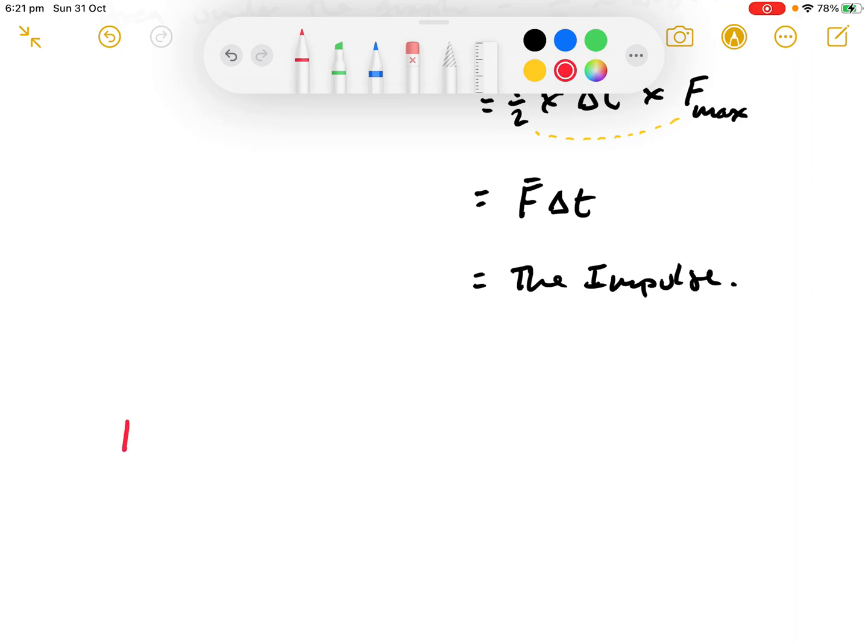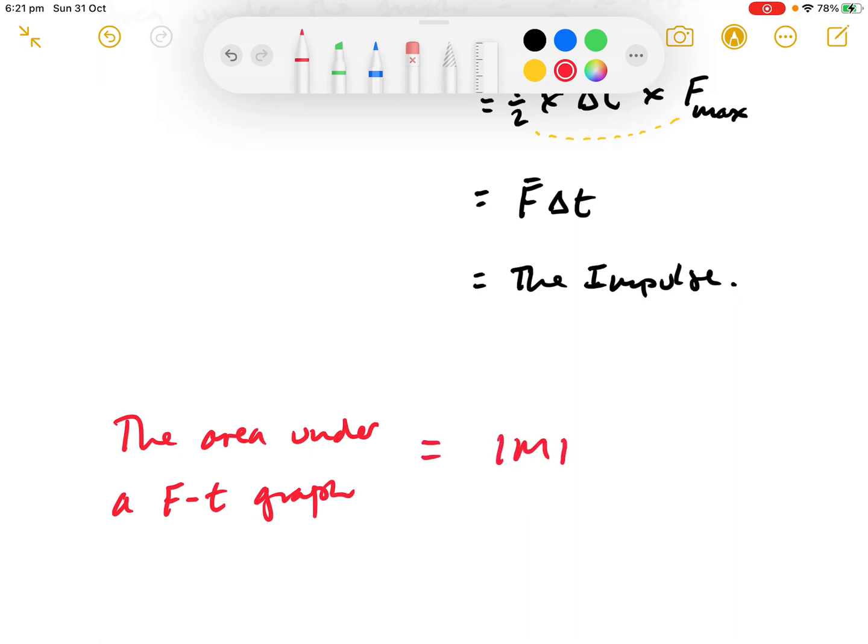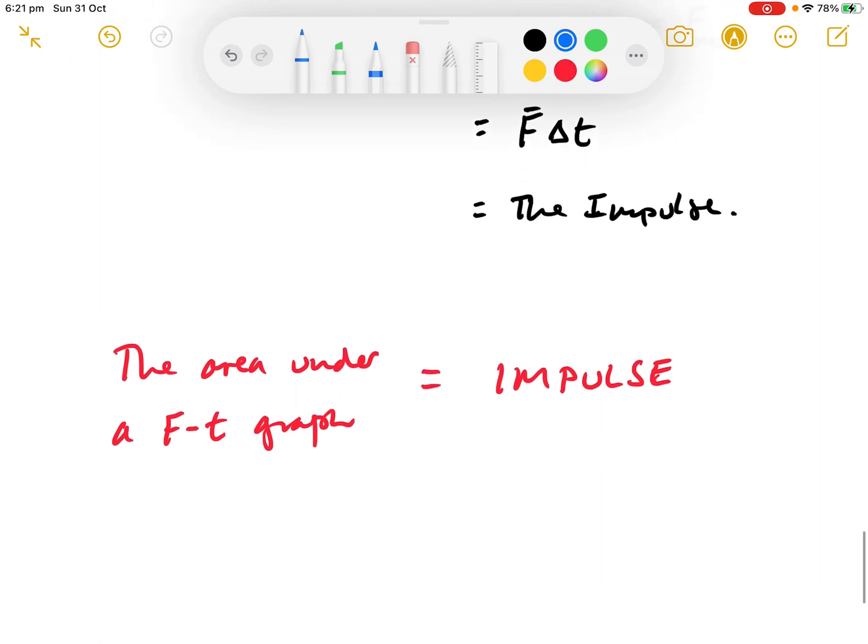Moral of the story: the area under a force time graph always equals the impulse.